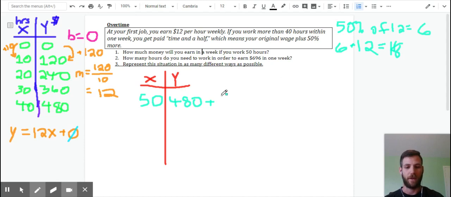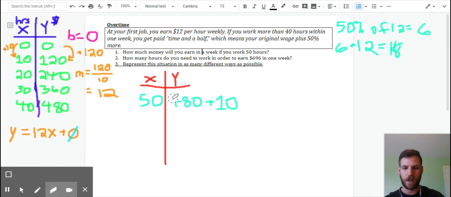So with those another 10 hours past the 40 that I've already done, I can kind of write this out as simply as possible.